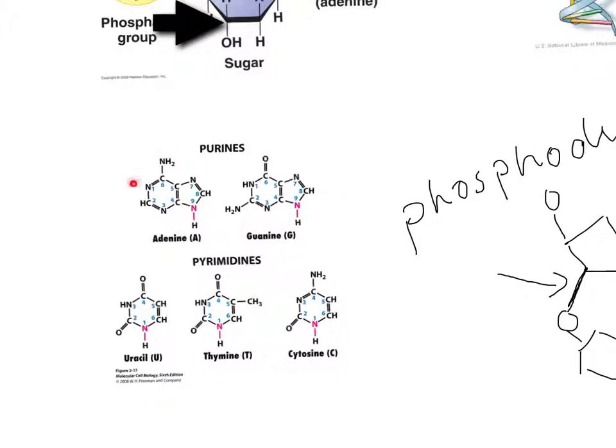Here I've got the purines, these double ring structures, adenine and guanine, and then we've got the pyrimidines, which are just single ring structures, thymine and cytosine. I'll talk about uracil when we talk about RNA in a minute.